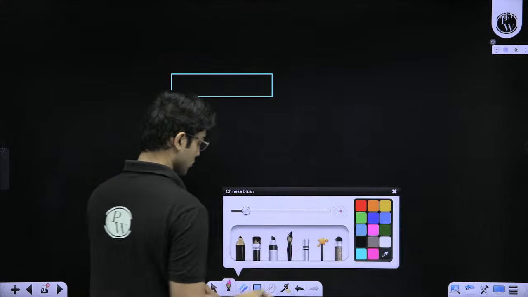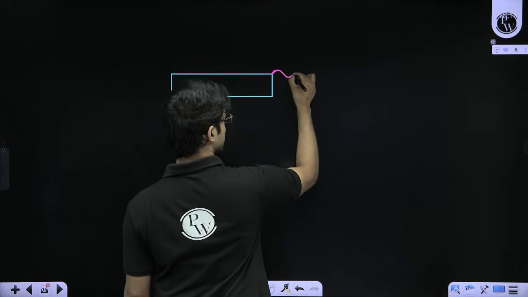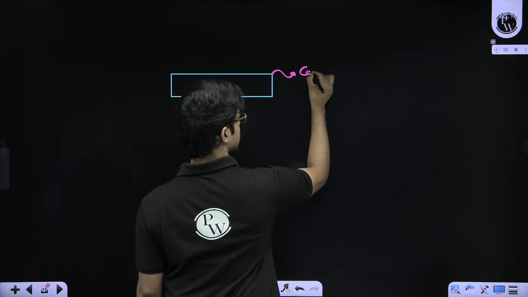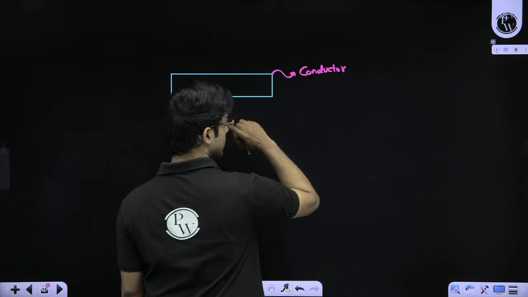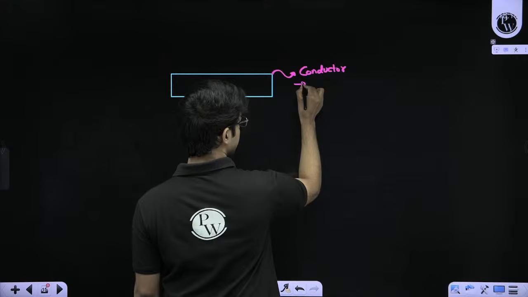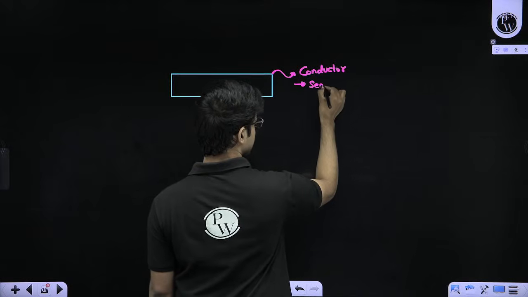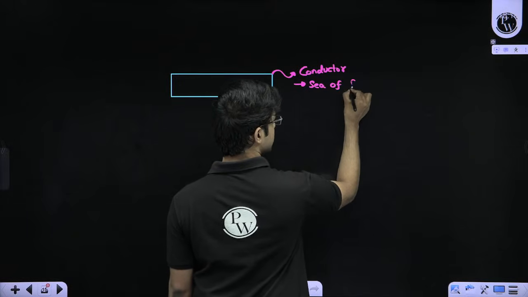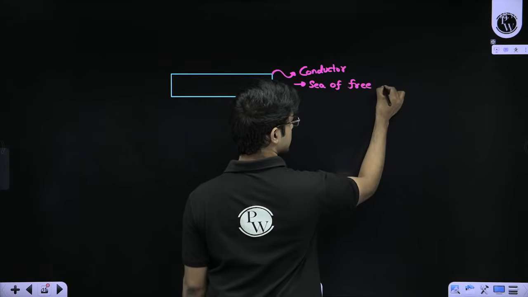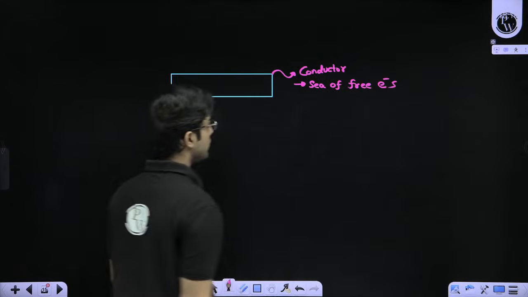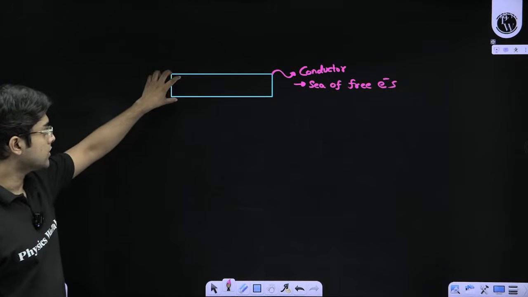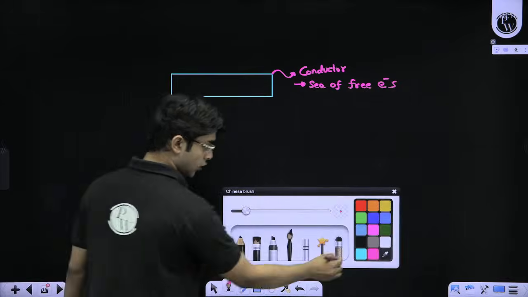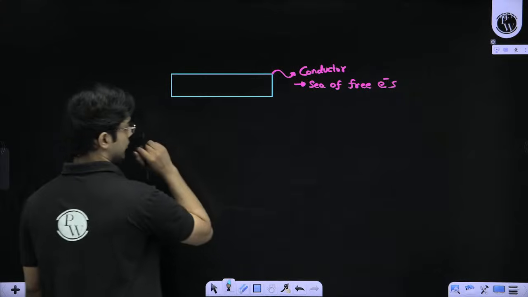Conducting material, in electrostatics we discussed this. When we have a conductor, it has a sea of free electrons. What does that mean? That means the electrons present within the conductor are free to move. They're not bound or fixed anywhere.